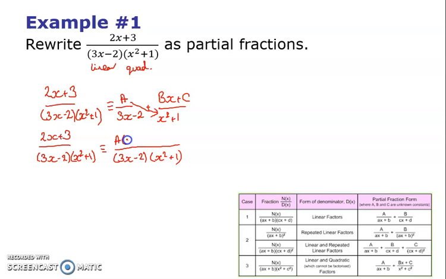This is actually not a big shock, but now I've got a more complicated expression here, and I multiply that by that. And therefore I can write the tops only because the bottoms are the same.